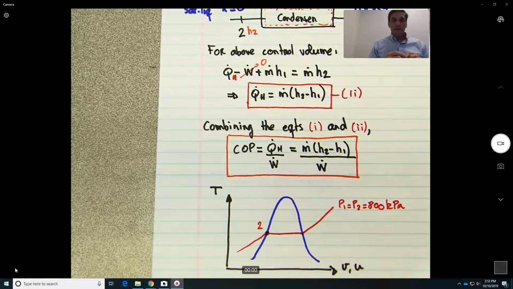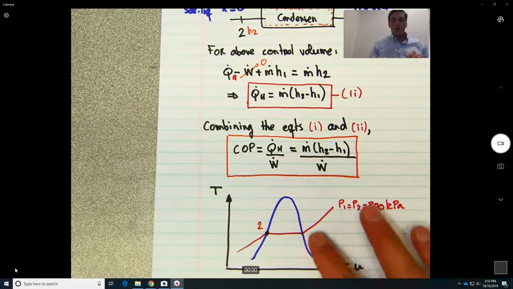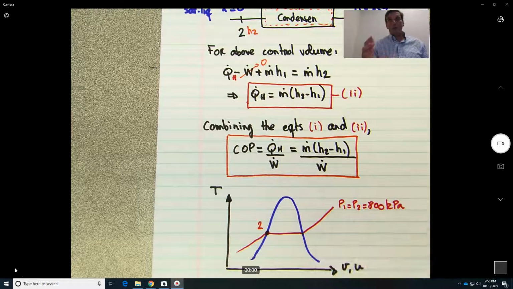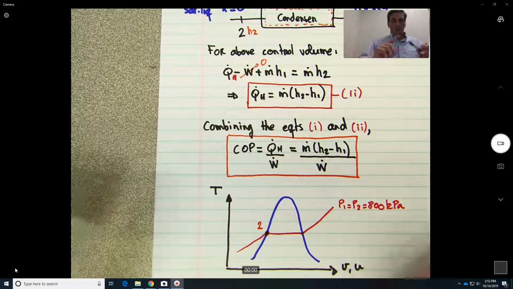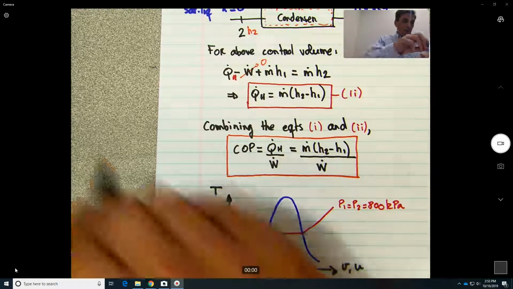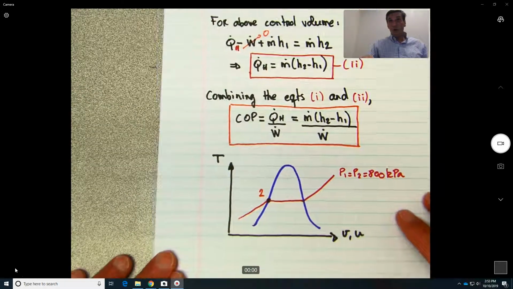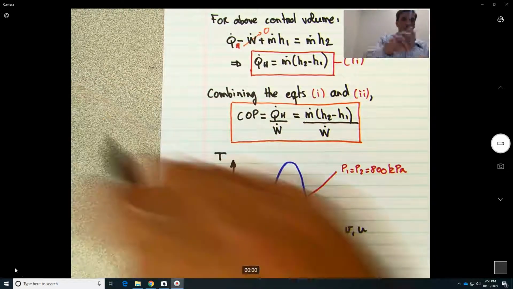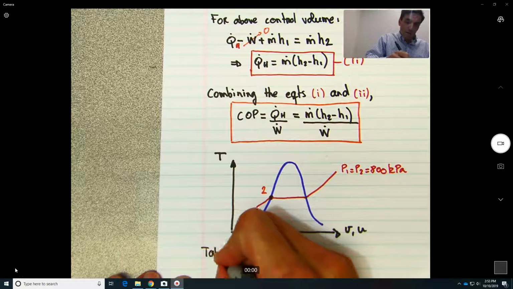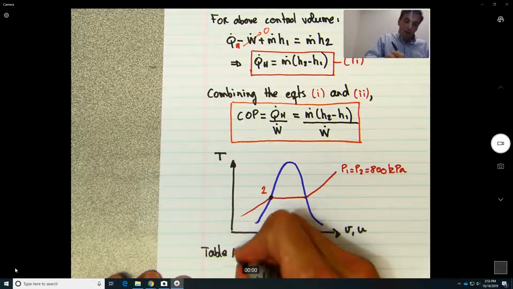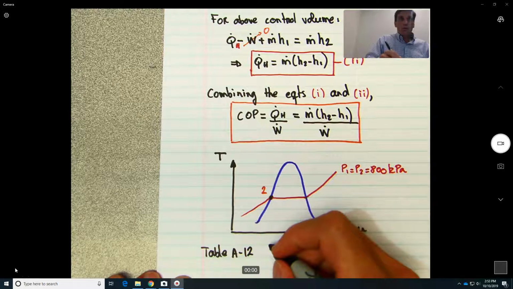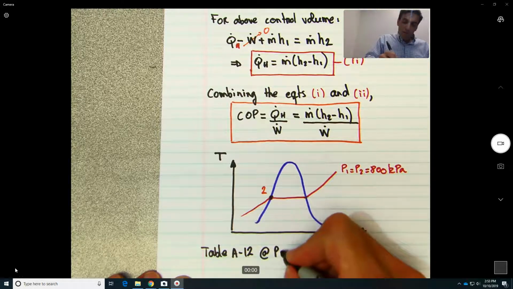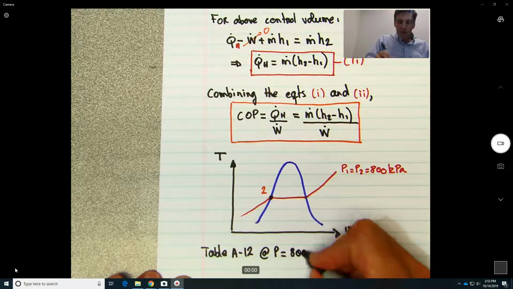Okay, so let's find out what is the state at point 1. I'm guessing it's right here, okay? But instead of guessing, let's just go and try to go to the appropriate table. So for that, let's see if I can do it here at the bottom, so I don't have to go back on the page. So let's say we go to table A12, I think it is, and we look at the pressure P equal 800 kilopascals.